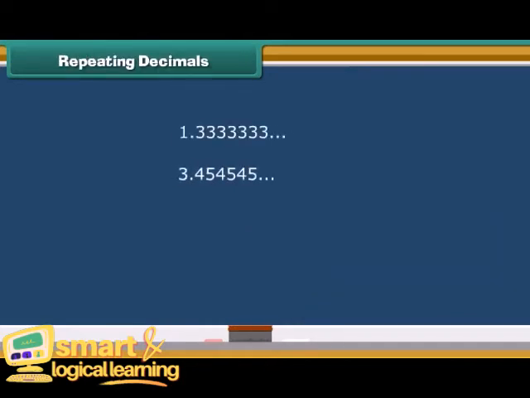Some decimals don't stop and go on adding numbers to the right forever. Look at the decimal number of the fraction 1 by 3. What did you notice? It starts with 0.33333 and just keeps on going on and on.